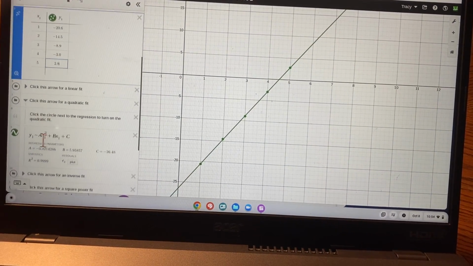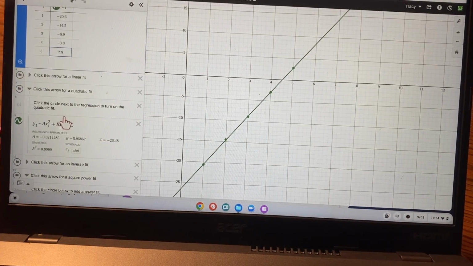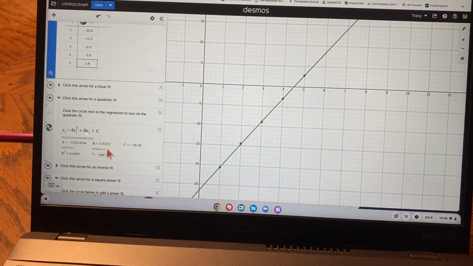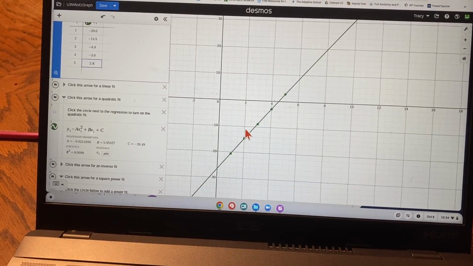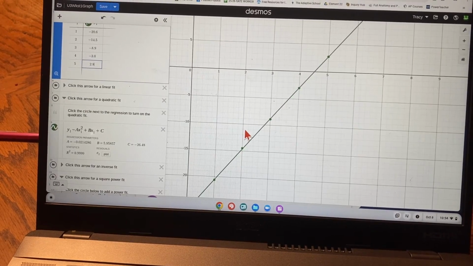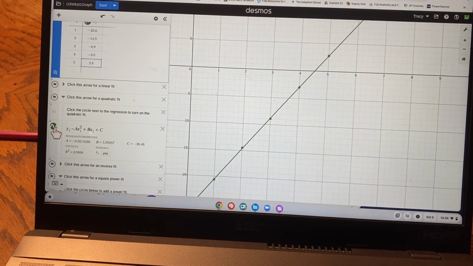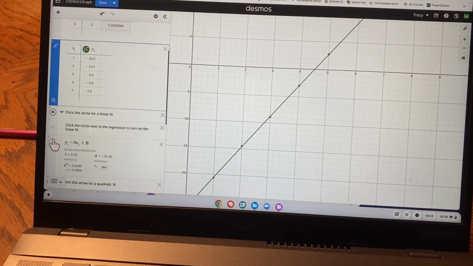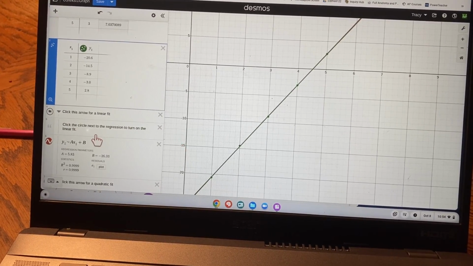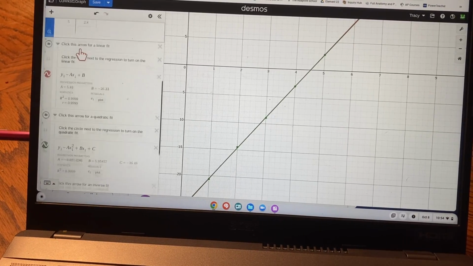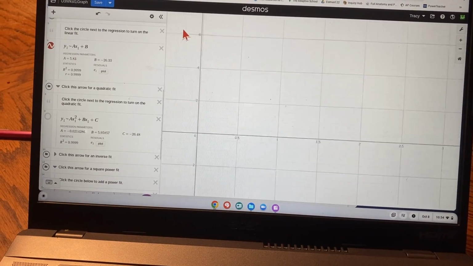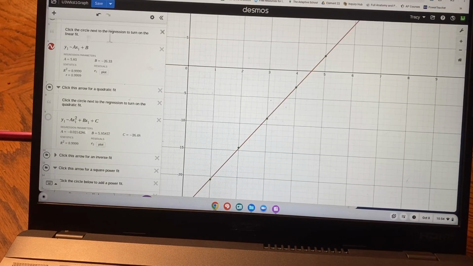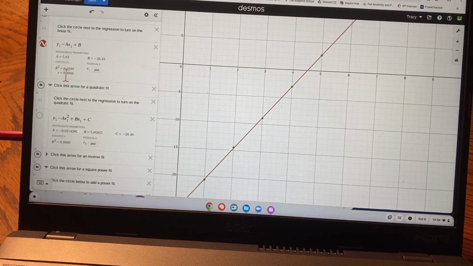So if I come down to my graph, I'm going to switch to a linear fit because it does look as straight as it does. Turn that one off. Oops. And I've got a pretty good linear fit.